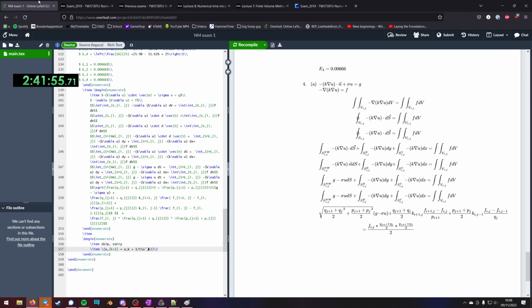Which might be wrong. I think it's just dt, where dt is the time step size.